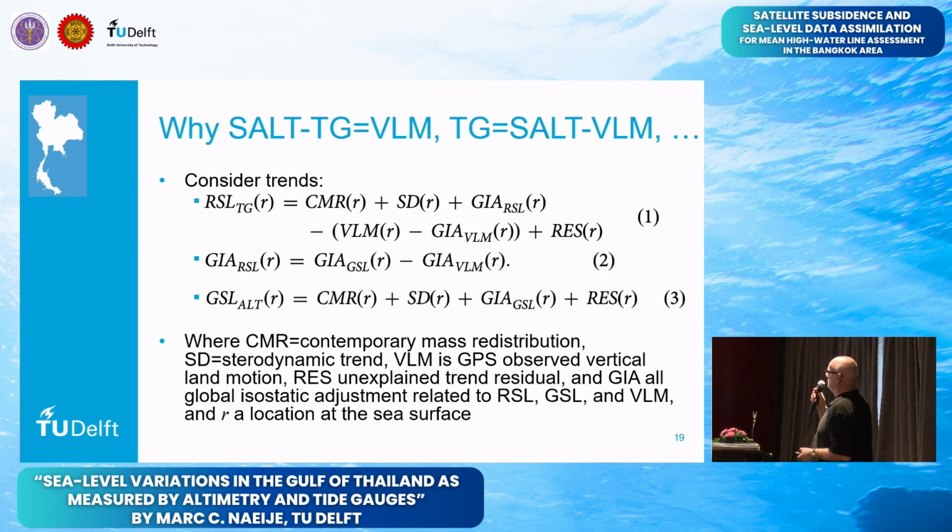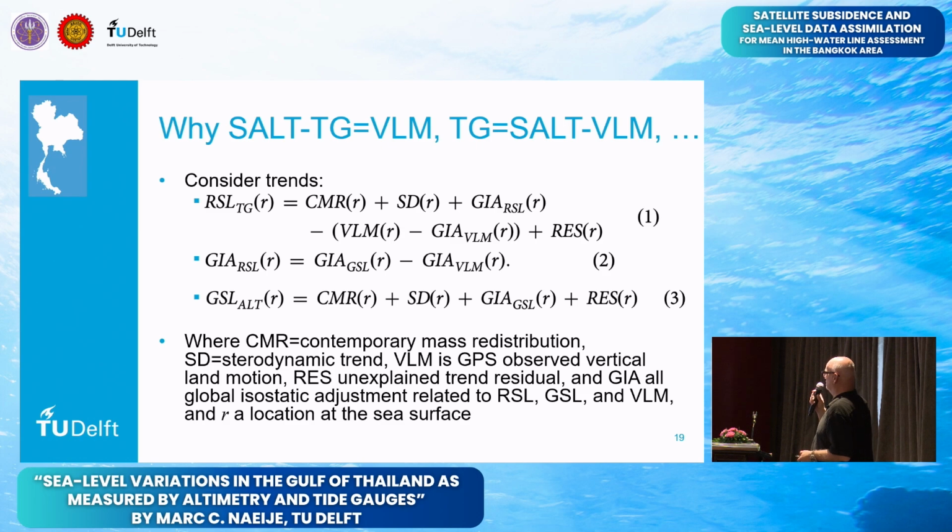So indeed, vertical land motion from altimetry minus tide gauge, or an estimate of a tide gauge by combining the altimetry with the GNSS VLM, etc. But why can we do that? Why is this allowed?